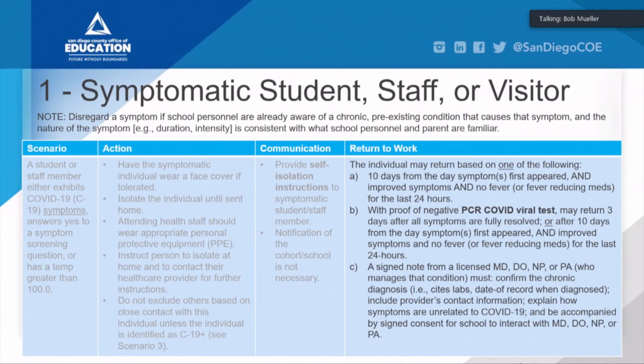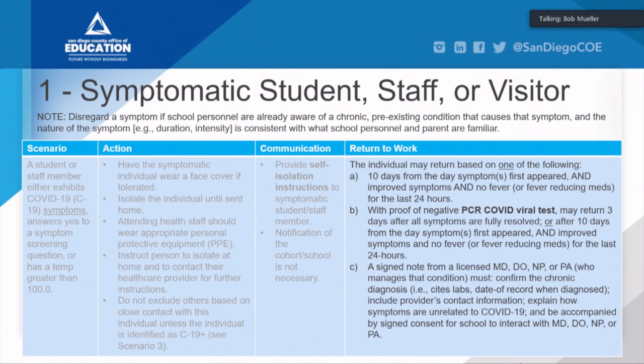The other way that they could return is if a doctor, an MD, a DO, a nurse practitioner, or a physician's assistant who manages a chronic condition for that person, in the case of a condition that's not already known by the school, provides proof that the person has a chronic condition that produces these symptoms.